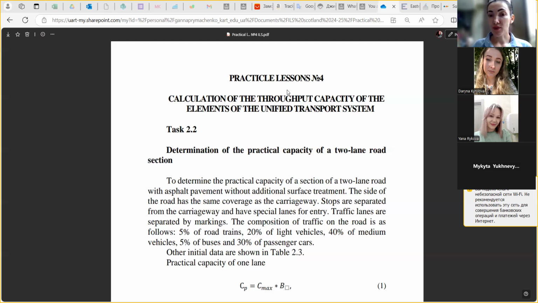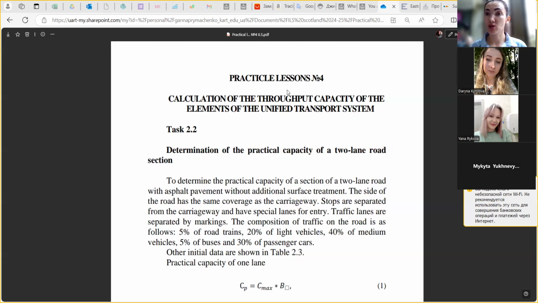The composition of traffic on the road, that is, what kinds of transport we can find on this road, is also important information. 5% road trains, 20% light vehicles, 40% medium vehicles, by how many tons this type of vehicle can transport. 5% buses, which are for passengers, and 30% passenger cars.